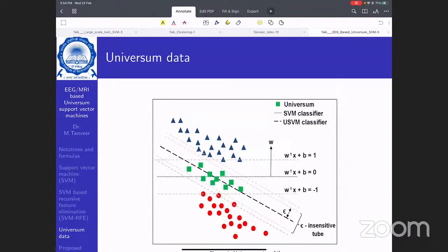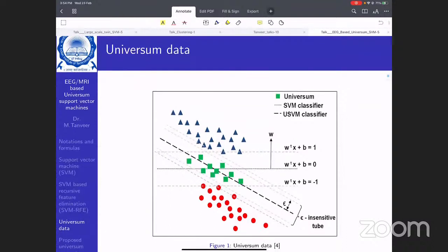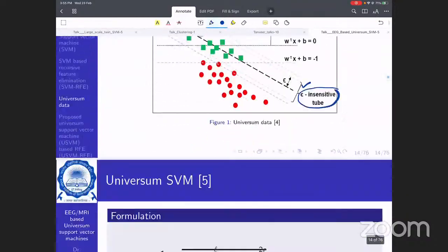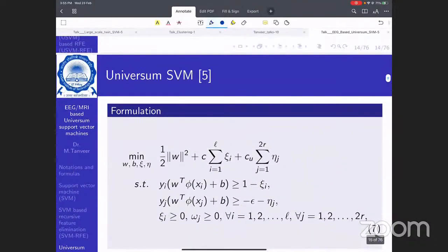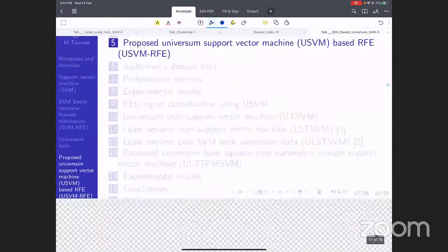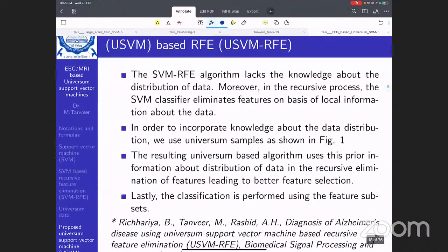You can see the epsilon insensitive tube here. Only up to this part is universum data, and this is class 1 and -1 samples.